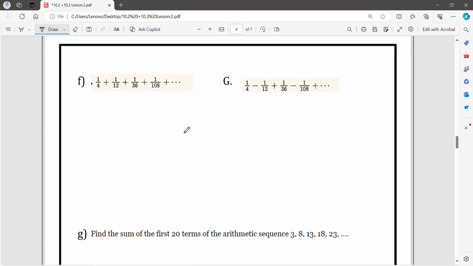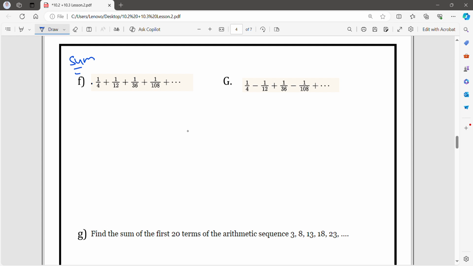Now, if you go here to part f, you can see if they say find the sum, first we need to check whether this is arithmetic or geometric. Because this is infinite, we have a formula in the geometric sequence in our lesson, right? So this should be geometric, but let's check.